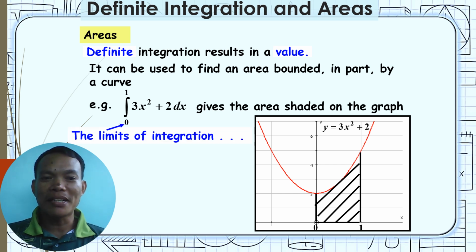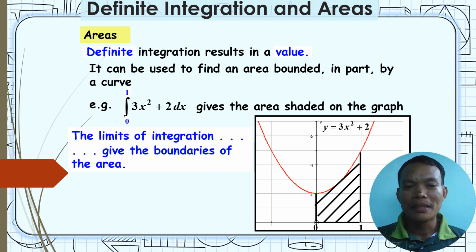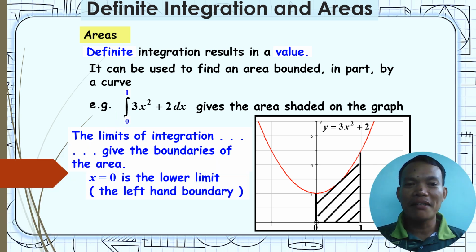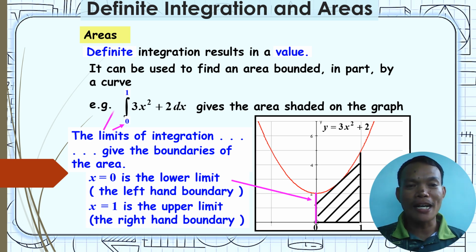The limits of integration there, 0 to 1, give the boundaries of the area. So x equals 0 is the lower limit, the left hand boundary, and x equals 1 is the upper limit, or the right hand boundary.